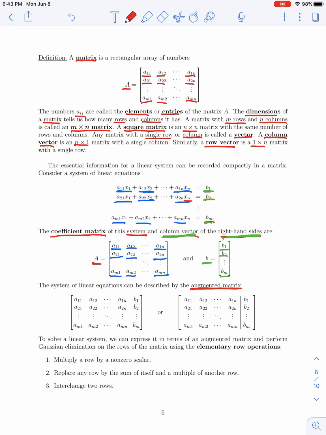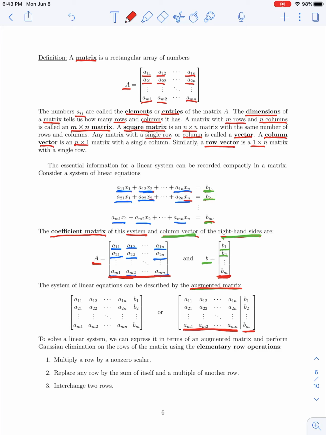Our coefficient matrix A, which was an m by n matrix, we could copy the entries of that matrix and then use a vertical bar, and on the right-hand side of that vertical bar, we would have our column vector b, consisting of the constants b1, b2, up through bm.